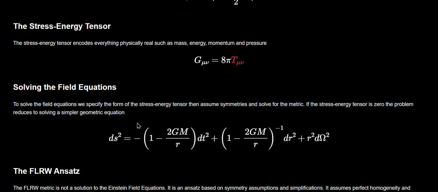The Schwarzschild solution is kind of unique in that so long as you have spherical symmetry, it's as if all of the mass is in the center of the object.